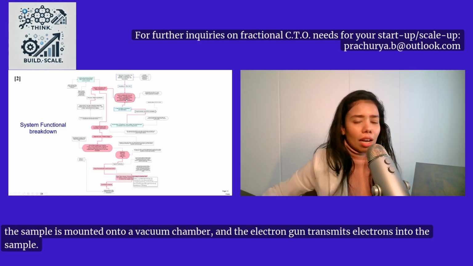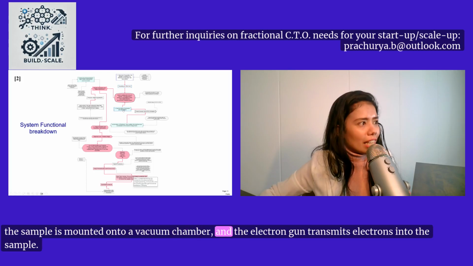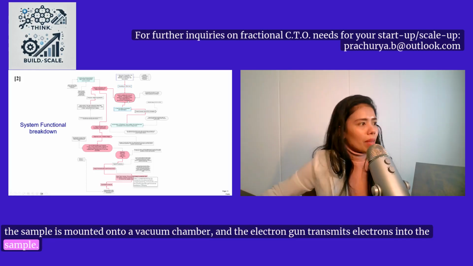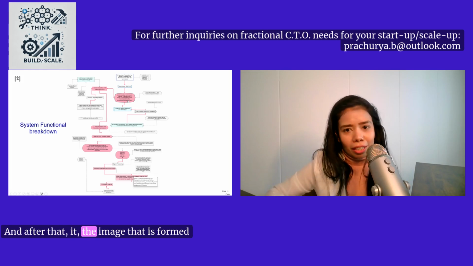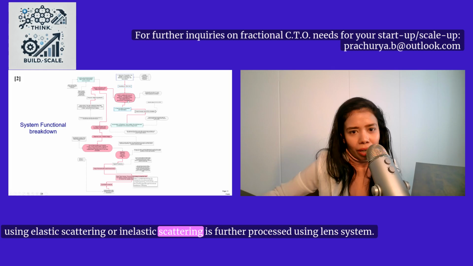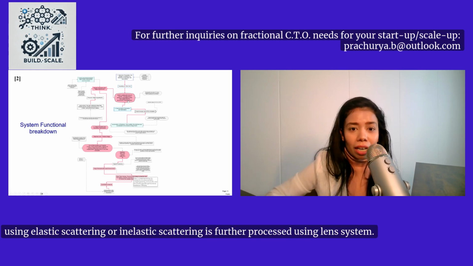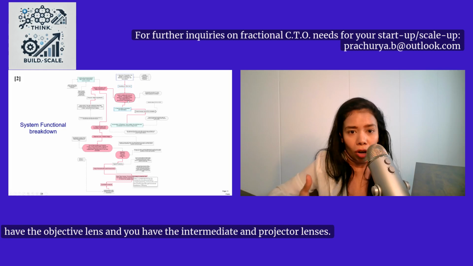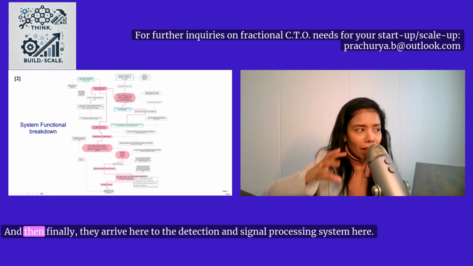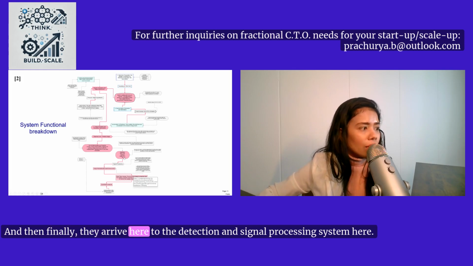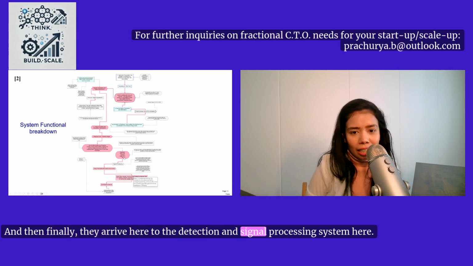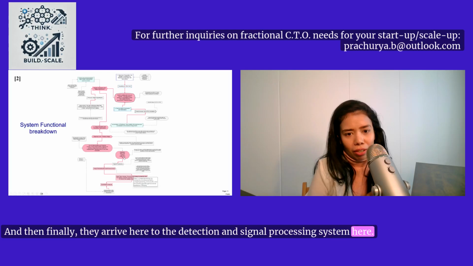So the sample is mounted in the vacuum chamber, and the electron gun transmits electrons into the sample, and after that, the image that is formed using elastic scattering or inelastic scattering is further processed using a lens system. You have the objective lens, and you have the intermediate and projector lenses, and then finally they arrive here at the detection and signal processing system.